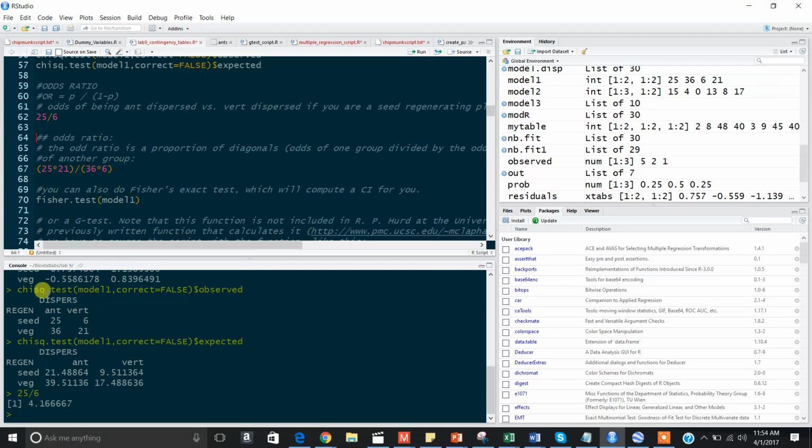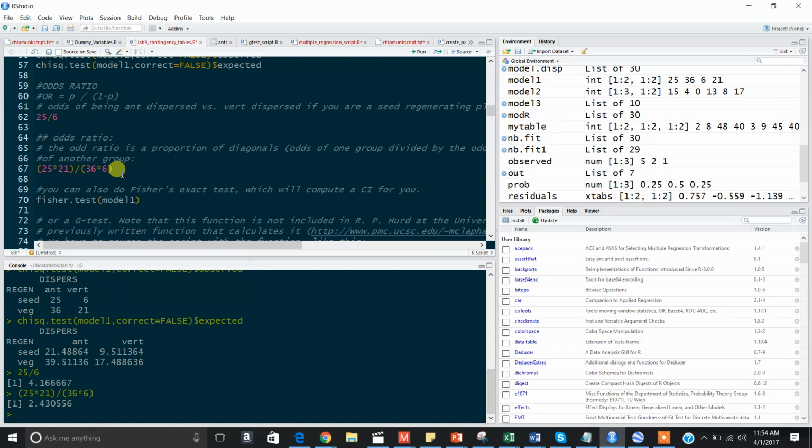So again, looking at your observed model output, in this case you would take your 25 times 21 divided by 36 times 6. So what you have right here. And again, that gives you the odds of one group divided by the odds of another group. So we're going to run that. Okay, so this gives us an odds ratio of 2.43.